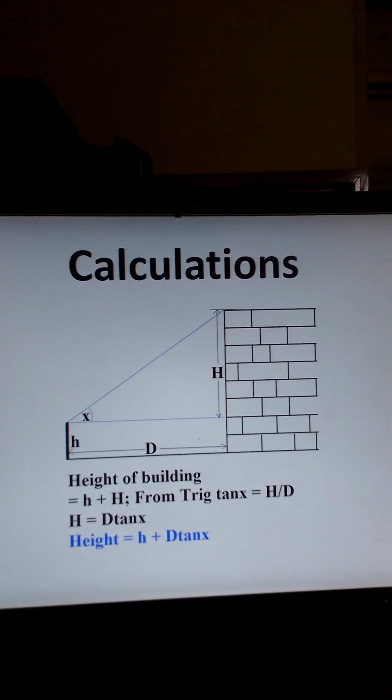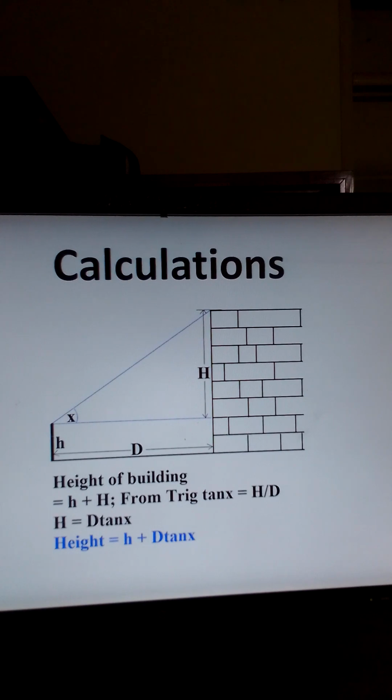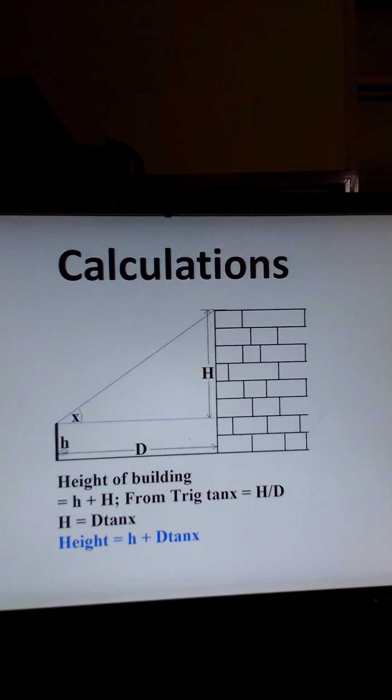Calculations. The following diagram shows the measurements we are going to make in that exercise. The small h is the height of the observer from the ground surface to the eye level, which can be made using a tape measure.